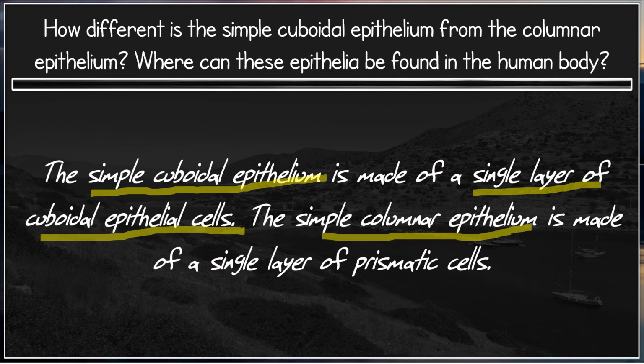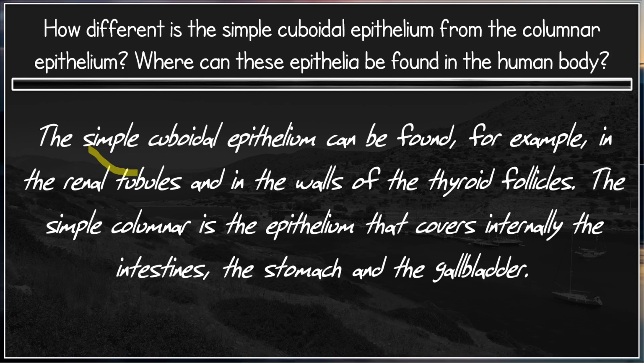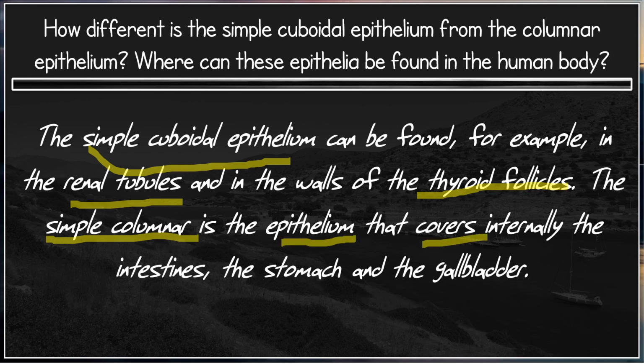Simple columnar epithelium is made of a single layer of prismatic cells. Simple cuboidal epithelia can be found, for example, in the renal tubules and in the walls of the thyroid follicles. The simple columnar is an epithelium that covers the interior of the intestine, stomach, and the gallbladder.